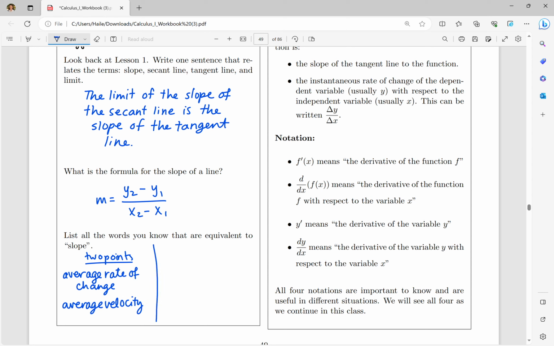And then we also had some ways that we could find it with 1 point. So that's our instantaneous stuff. So we had instantaneous rate of change and instantaneous velocity.